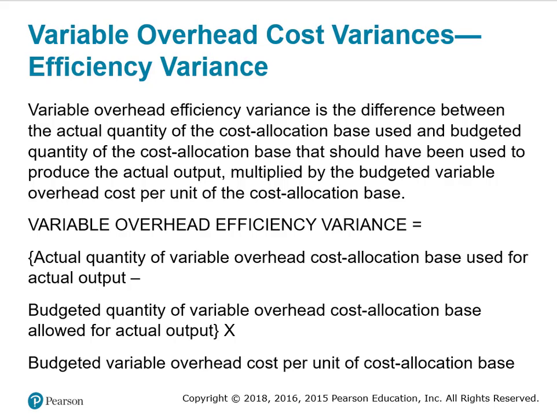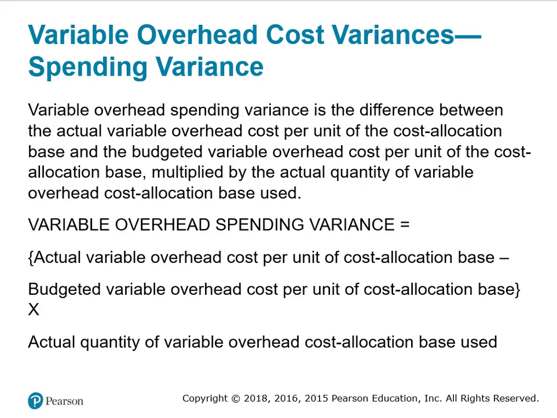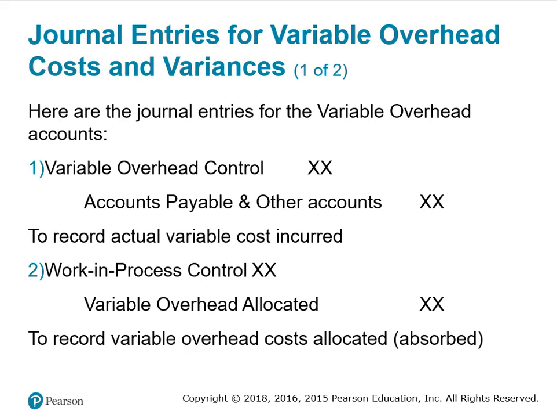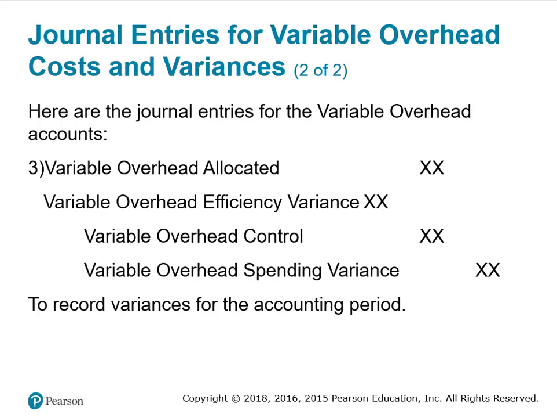Let's look at some real formulas here. Here's variable overhead spending variance: the difference between actual variable overhead cost per unit of the cost allocation base and the budgeted variable overhead cost per unit, multiplied by the actual quantity. I actually think we've got journal entries here. I want to go to this other slide.